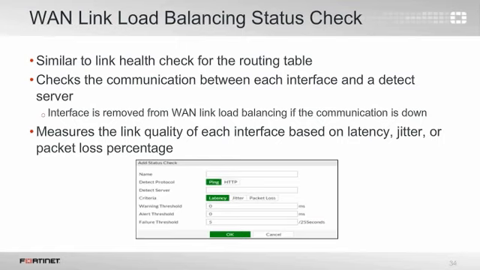WAN link load balancing status checks also measure the quality of the links connected to each member. There are 3 different criteria that you can use to measure quality: latency, jitter, or packet loss percentage. You can use priority rules to route traffic based on the link quality of each member.